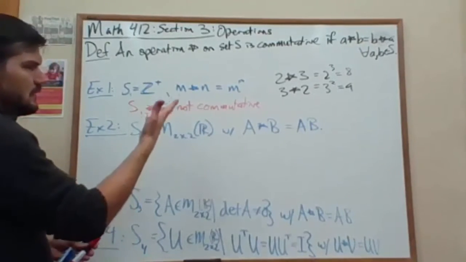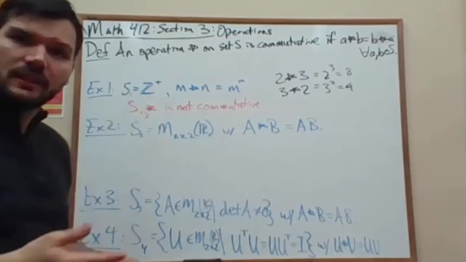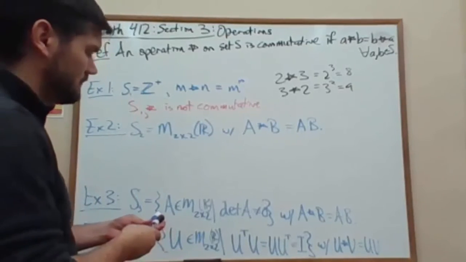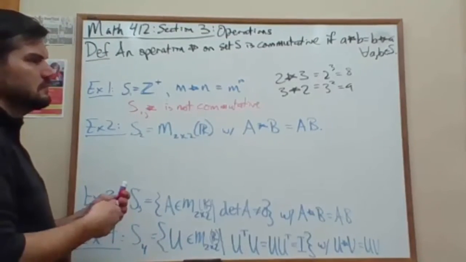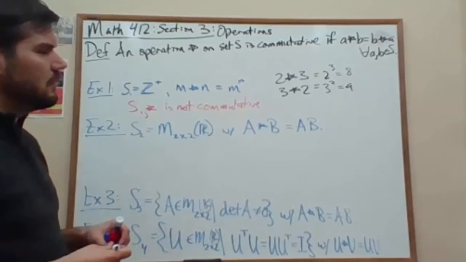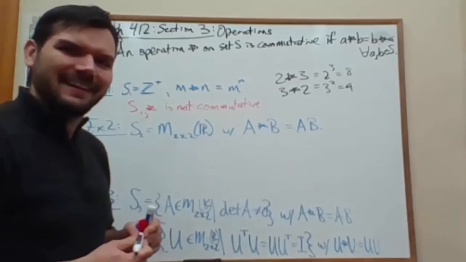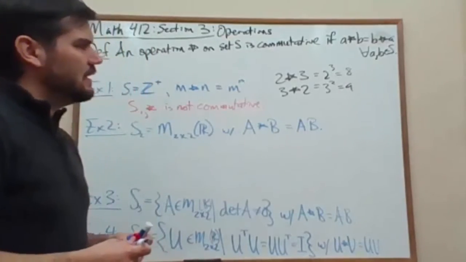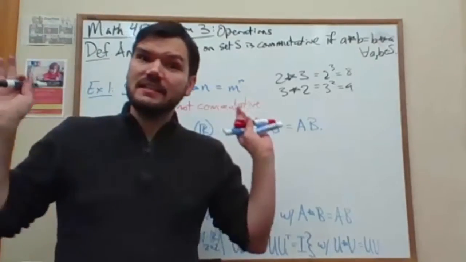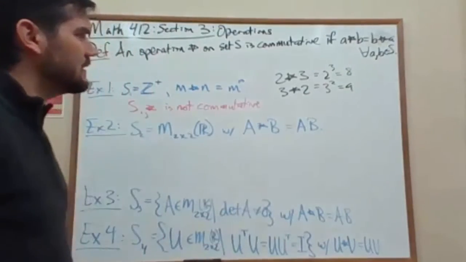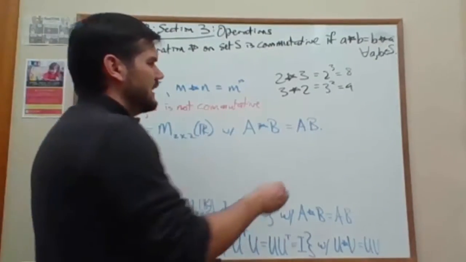Okay, what about matrix multiplication? Well, this is one of those warnings we see in differential equations: A times B is not necessarily the same as B times A. So let's find an example so we can break it.